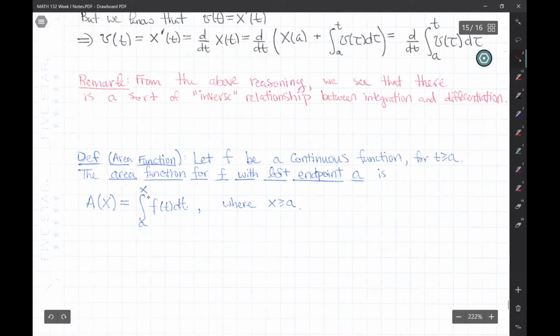Okay? And here, don't confuse x with anything dealing with position. It has nothing to do with position. So this now is the x of the x-axis, if you will. Okay? So that's called the area function for f with left endpoint a. And it gives us the net area as we integrate from a to x.